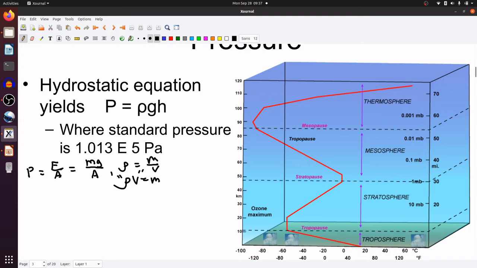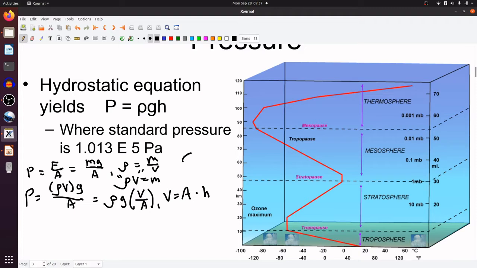And so if I make that substitution, P is equal to, and I'll put in parentheses that I substituted this, rho v g over a. And then I'm going to rewrite that as rho g v over a. Well, volume is nothing more than an area times a height. Think of a cylinder. Or think of a circle. The area of the circle is, well, pi r squared.